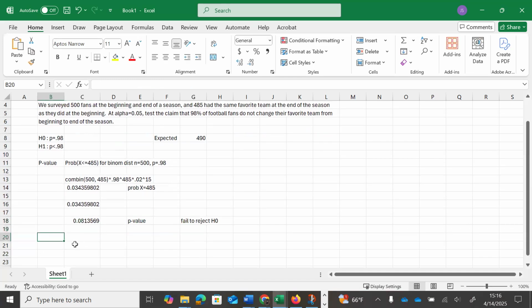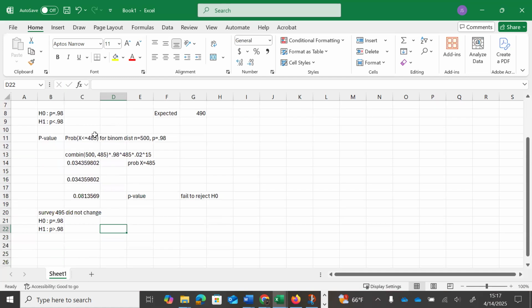Same setup, but instead, in our survey, 495 people did not change. Now we have a higher value than the expected. So the null stays the same, but now the alternative will be that p is greater than 0.98.